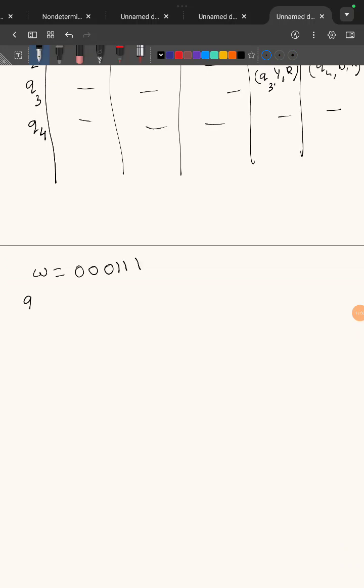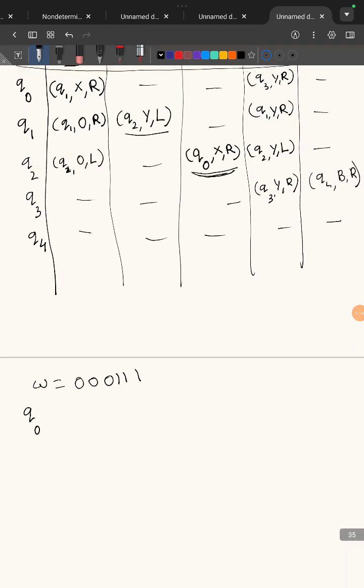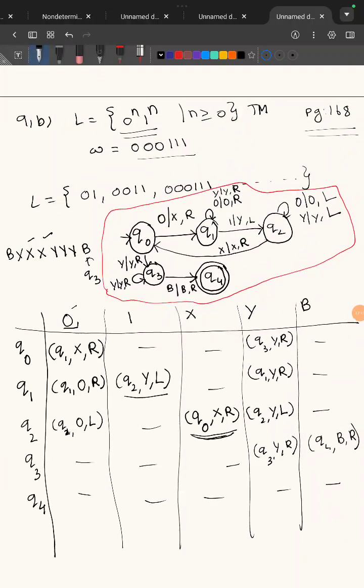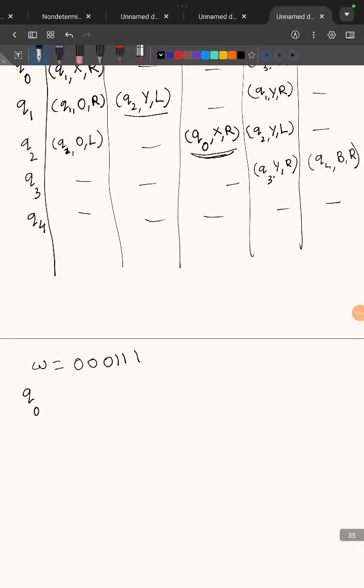So initially I am in the state Q0. Yeah, I think it is 0 0 1 1. I'm sorry, one second, I will just check the question. So yeah, it is 0 0 1 1, not 3 zeros 3 ones. Sorry for that. Okay, so it is 0 0 1 1.